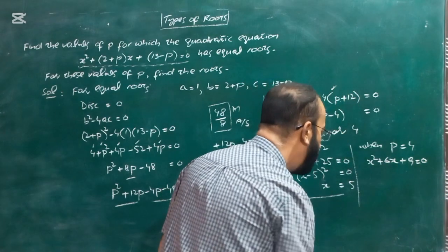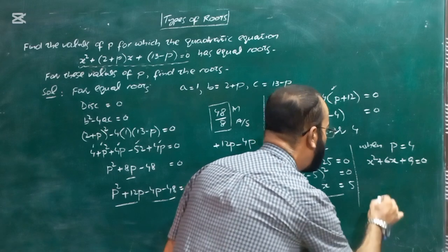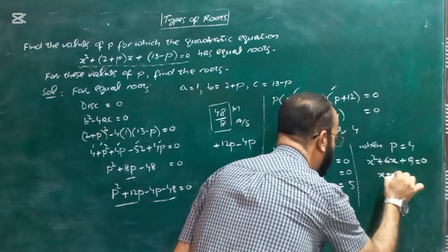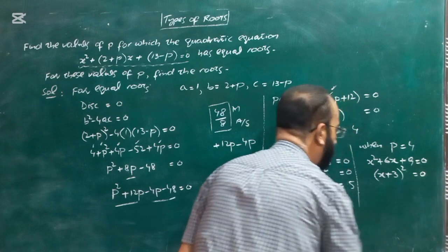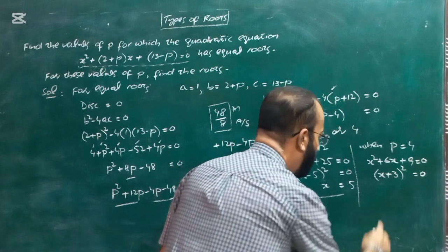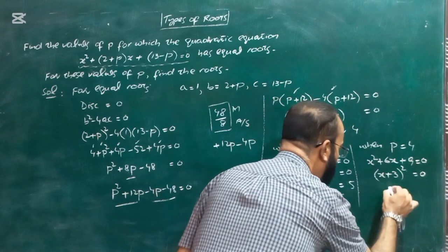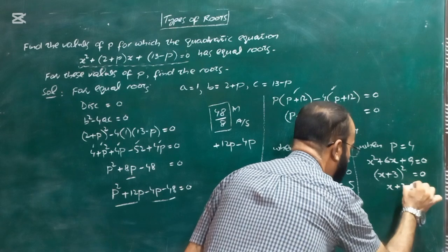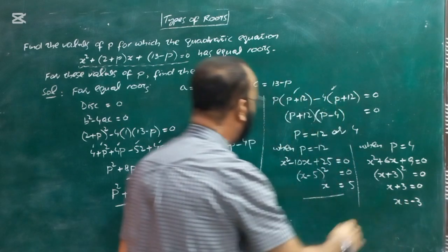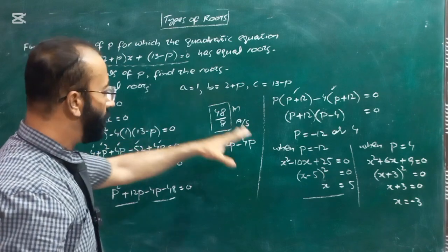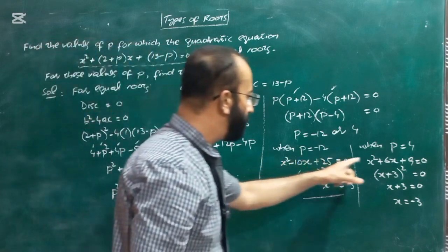If you look at this equation, this is actually (x plus 3) whole square equal to 0. Taking square root of both sides, x plus 3 will be equal to 0, and from here x is equal to minus 3. So these are the roots when p is minus 12 and 4.